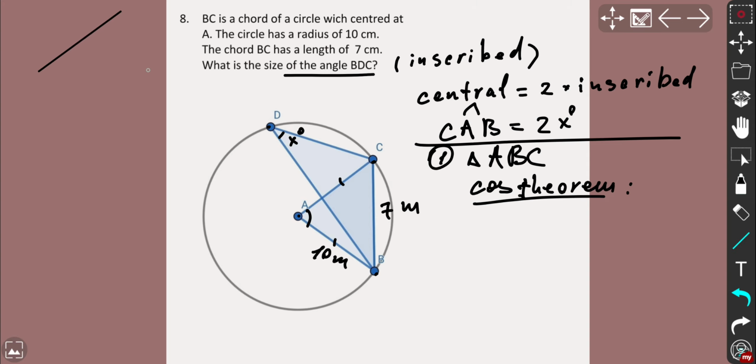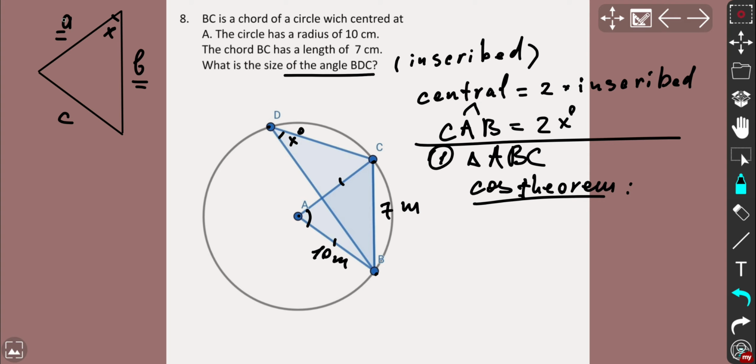For example, here is one side, the second side, and the third one. We have two sides, A and B, and the angle between them, let's say x. From where can we figure out the length of the side if we know the lengths A and B?